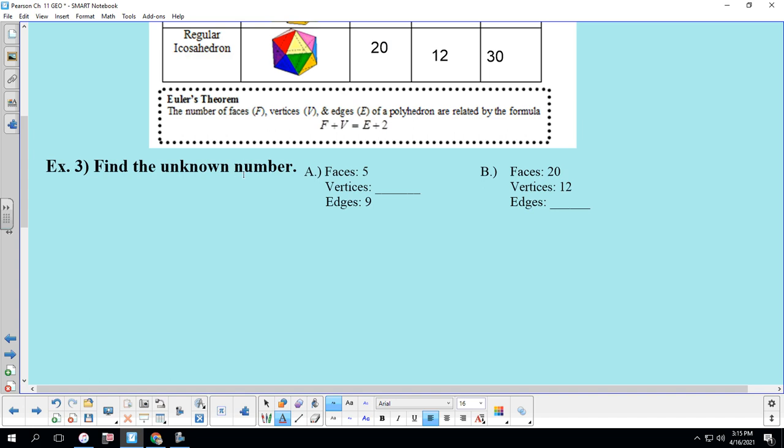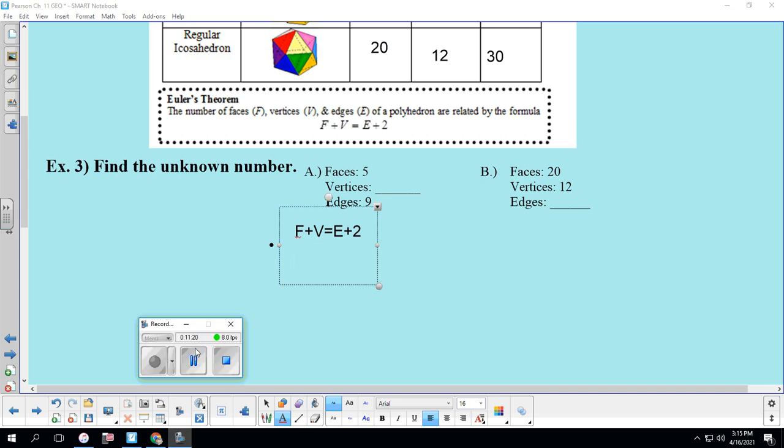Okay, without a shape, let's go ahead and find the vertices. If we have 5 faces, 9 edges. I'm going to type this at this point. So we've got F plus V equals E plus 2. Okay, so it has 5 faces.